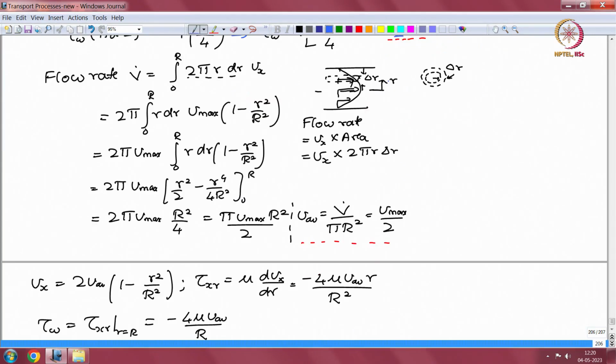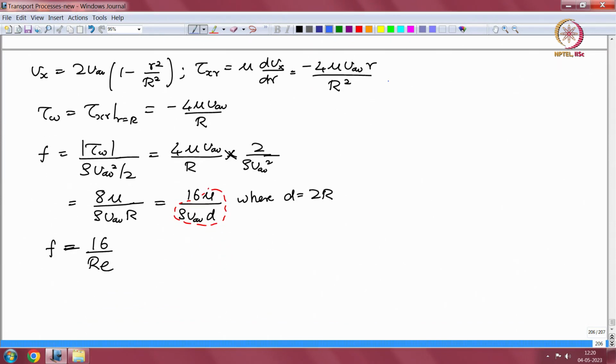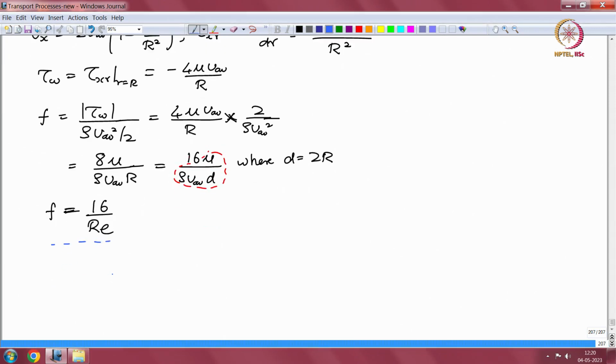And finally, from the relation between the wall shear stress and V max, we got an expression for the friction factor as a function of Reynolds number. This is the friction factor that we had used earlier for a laminar flow. For a turbulent flow, this does not apply. As you recall, we had discussed the friction factor for a turbulent flow when we did dimensional analysis.